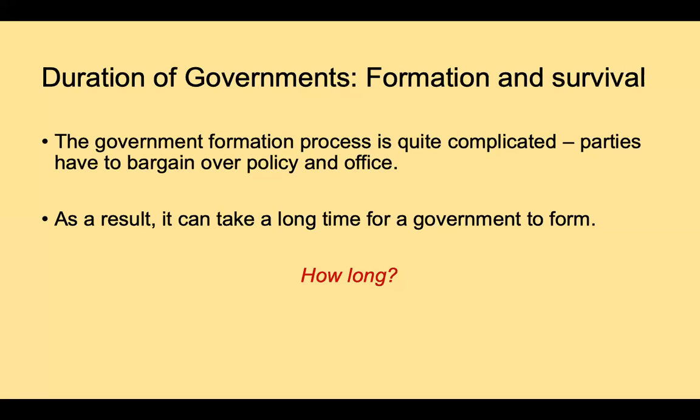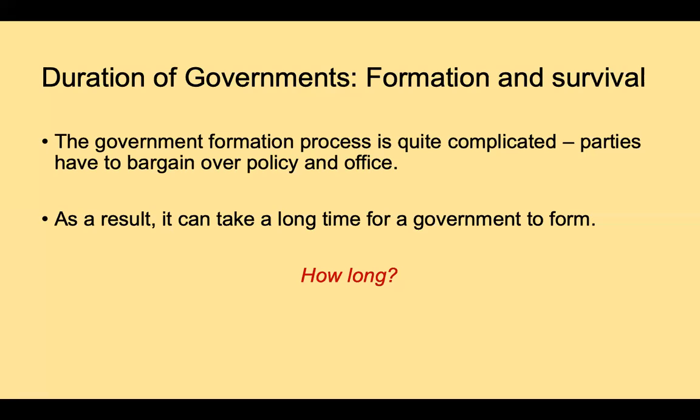Consider now that in a parliamentary system, it can take as long as 2 years or more to form a government. Now, the longest is, I think, 650 days, and that's in Belgium, and I'll show you that in a moment.